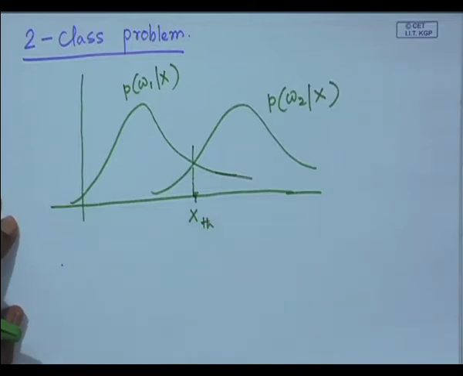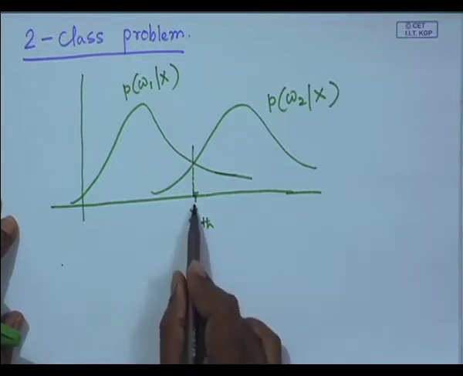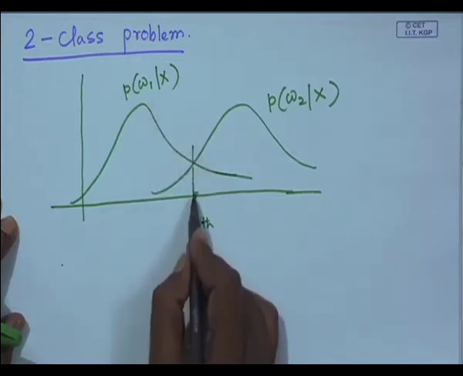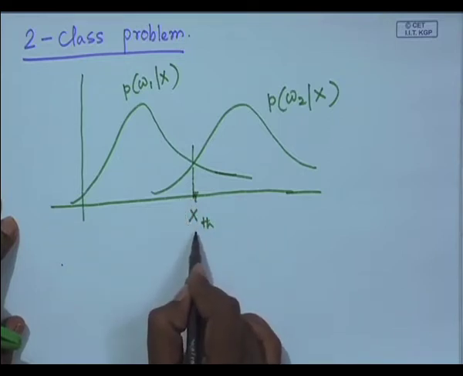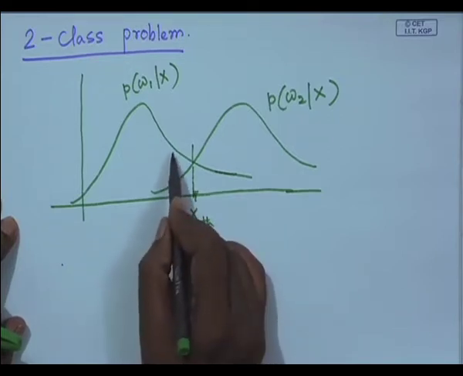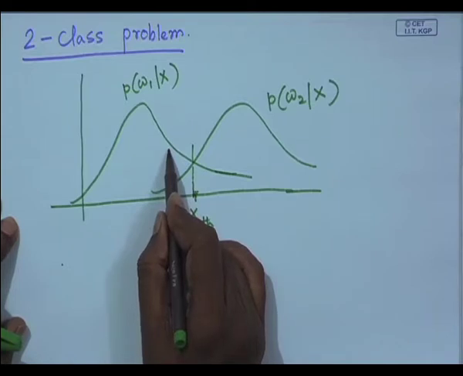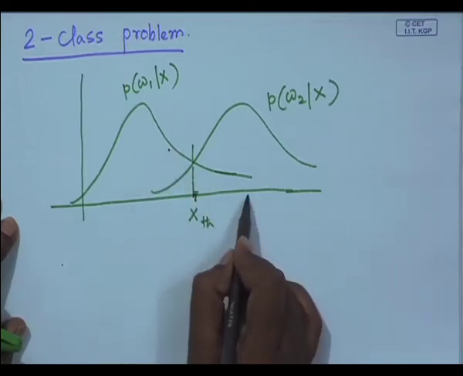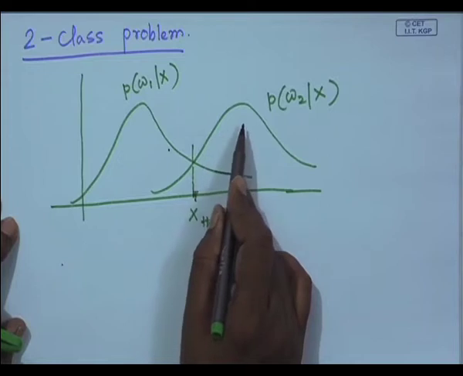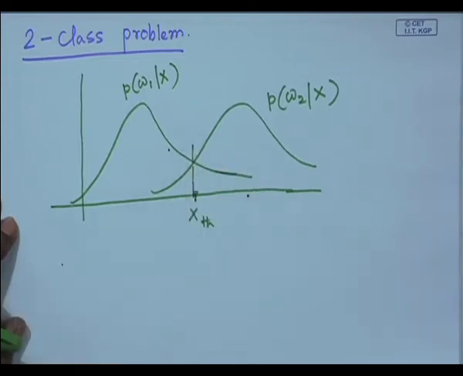In case of the minimum error rate classifier, we had assumed that if the feature vector x is to the left of x threshold, then the feature vector is classified to class omega 1. If it is to the right of x threshold, then it is classified to class omega 2. So, this is my decision boundary.